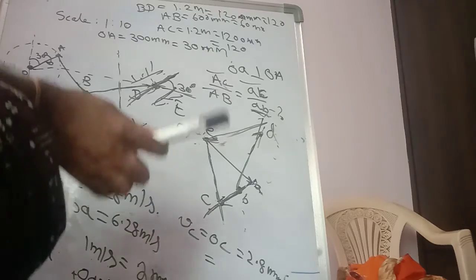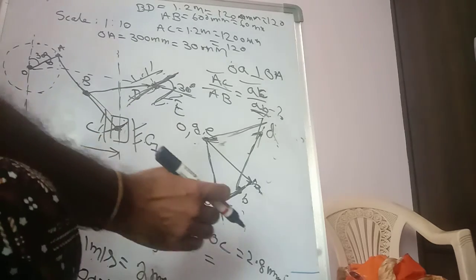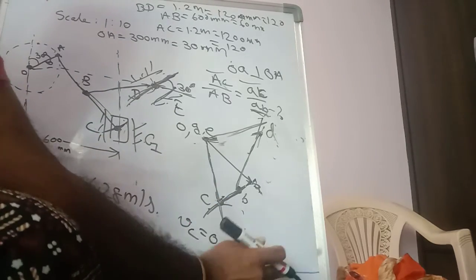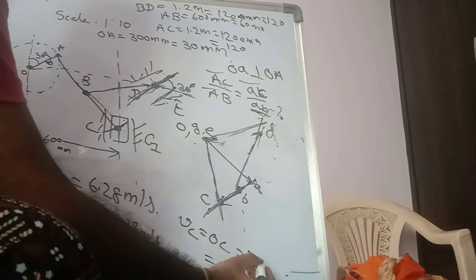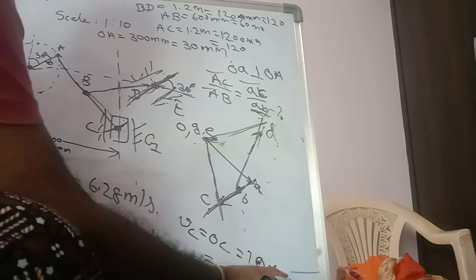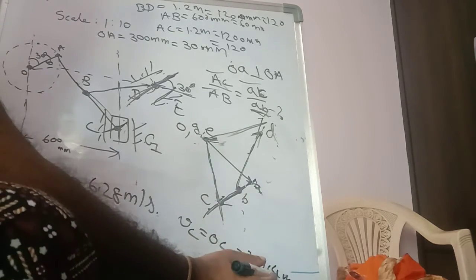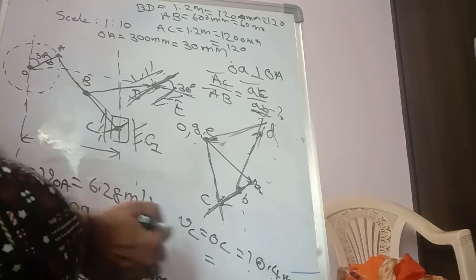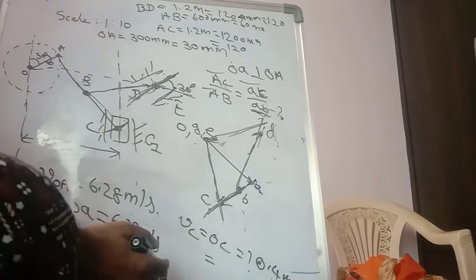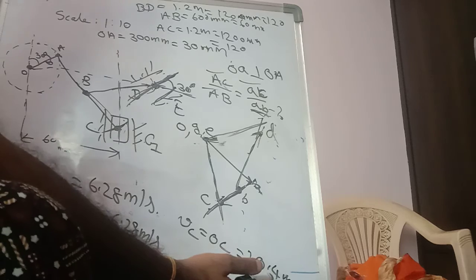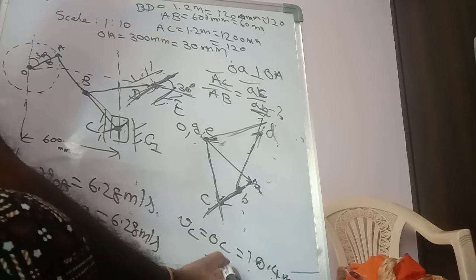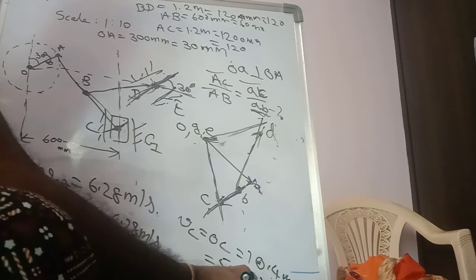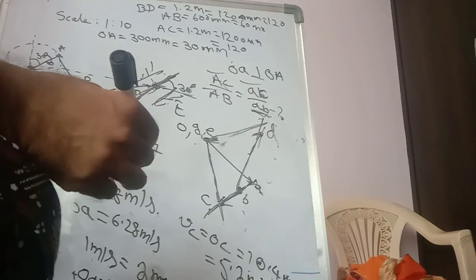So we have to divide it by 2. 10.4 mm means how much? 5.2 meters per second. So that is the velocity of C.